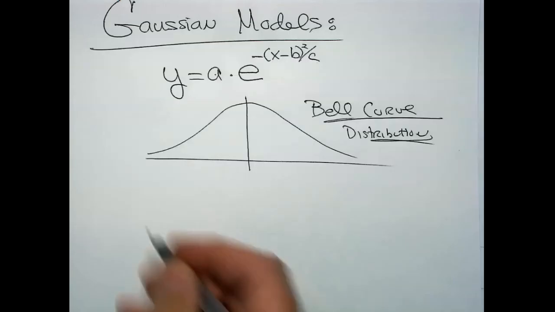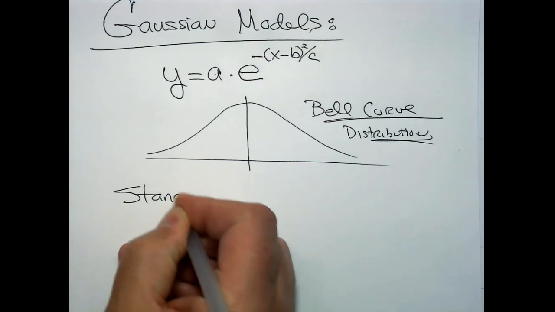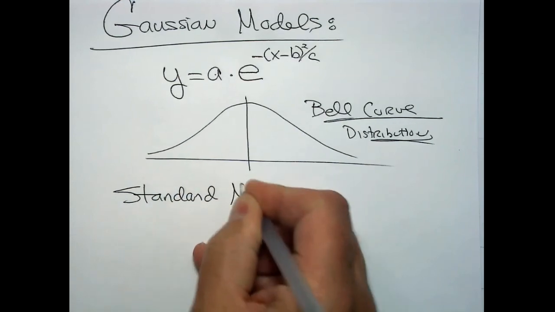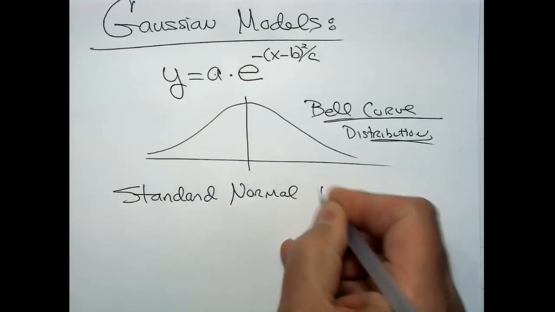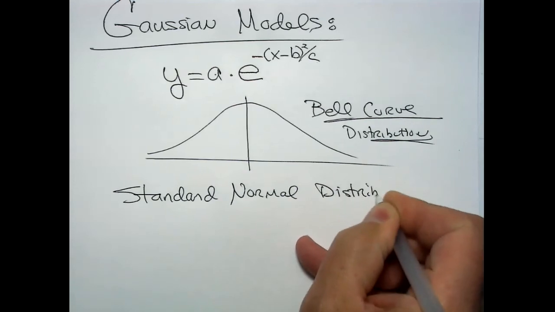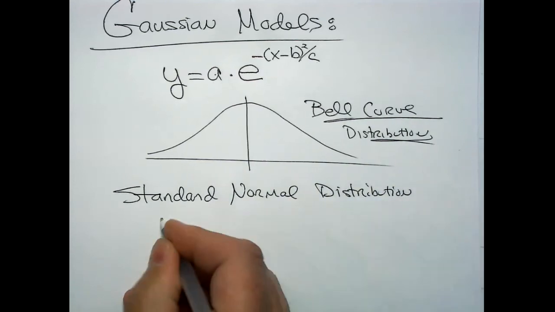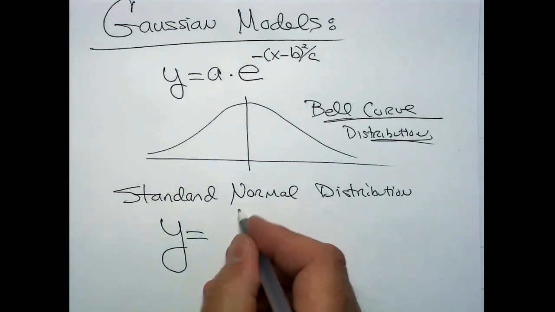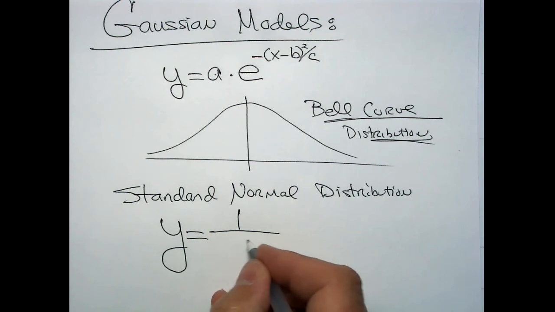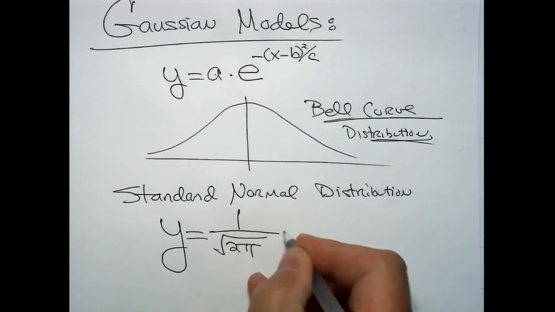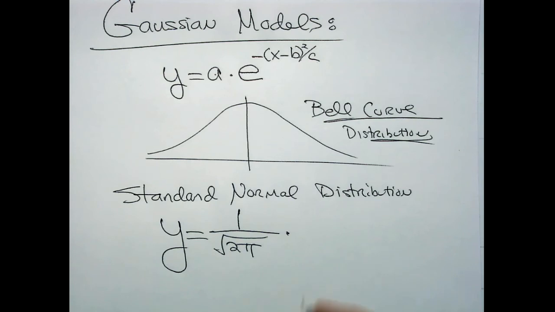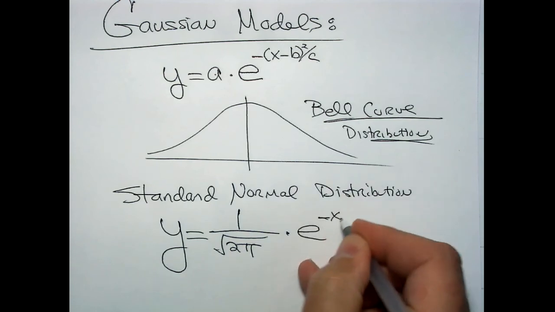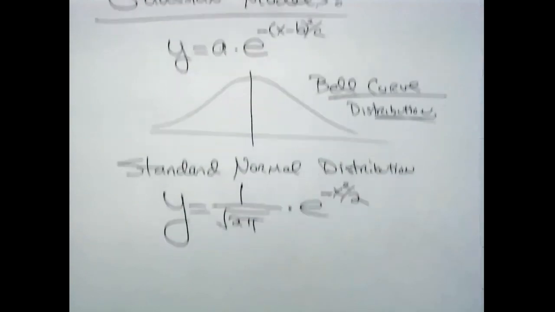Now, the standard normal distribution looks like this. And luckily, this takes some variability out of the problem.